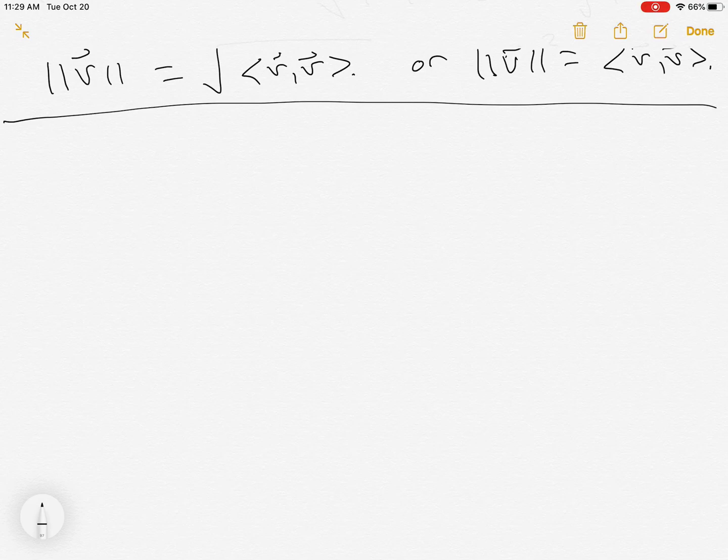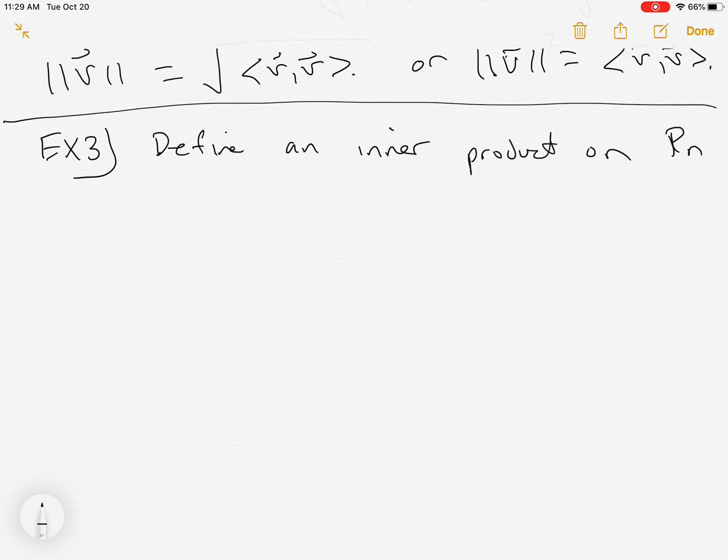We're going to define, so example 3, an inner product on Pn as such.